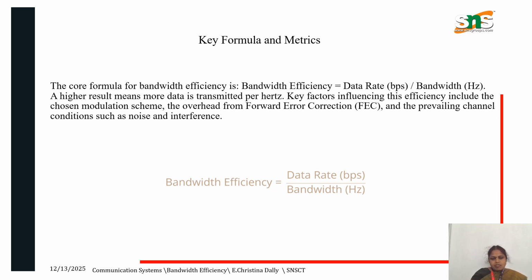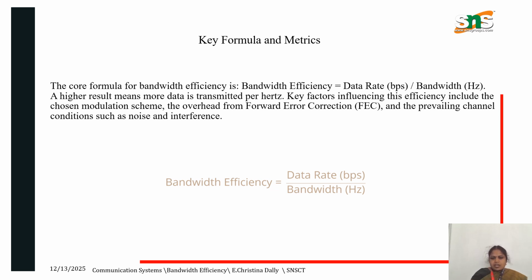The core formula we are using for bandwidth efficiency is the data rate and the bandwidth. The data rate we measure in bits per second and bandwidth we measure in hertz. Here we are going for one of the error correction techniques, which is forward error correction.